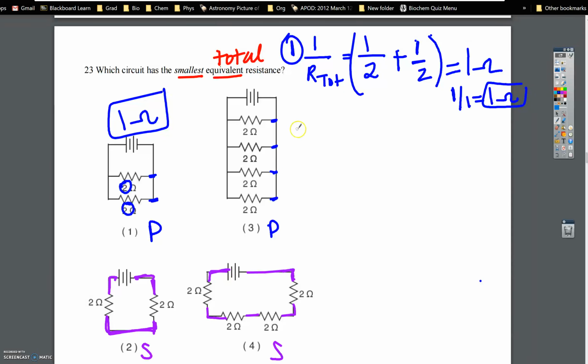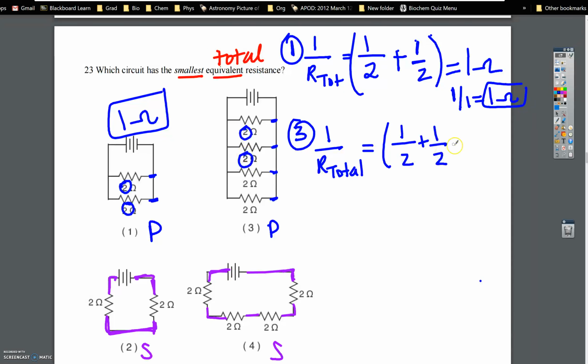Now number 3, using the same formula because it's parallel: 1 over R total. To find my resistance here, I have to take 1 over the resistances, so 1 over 2 here, then the next one, 1 over 2, plus 1 over 2 for the next resistance, finally 1 over 2 for the next resistance.